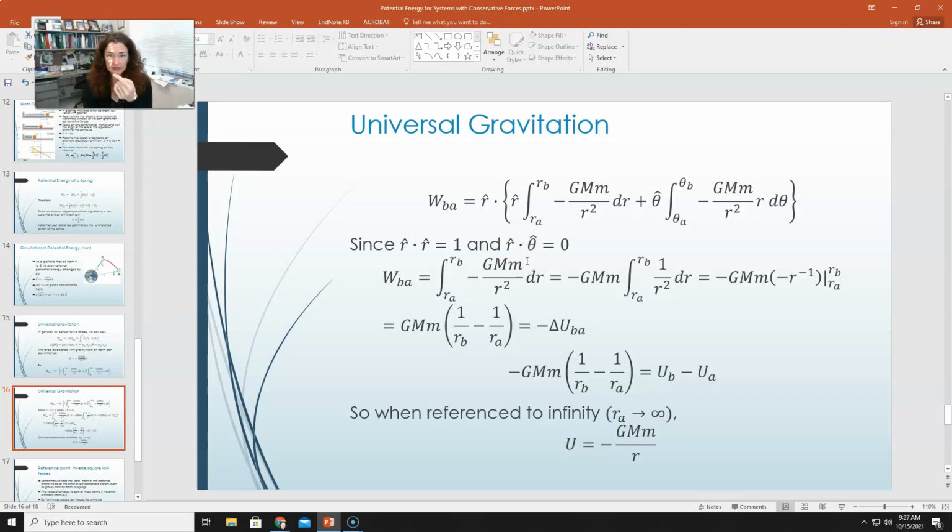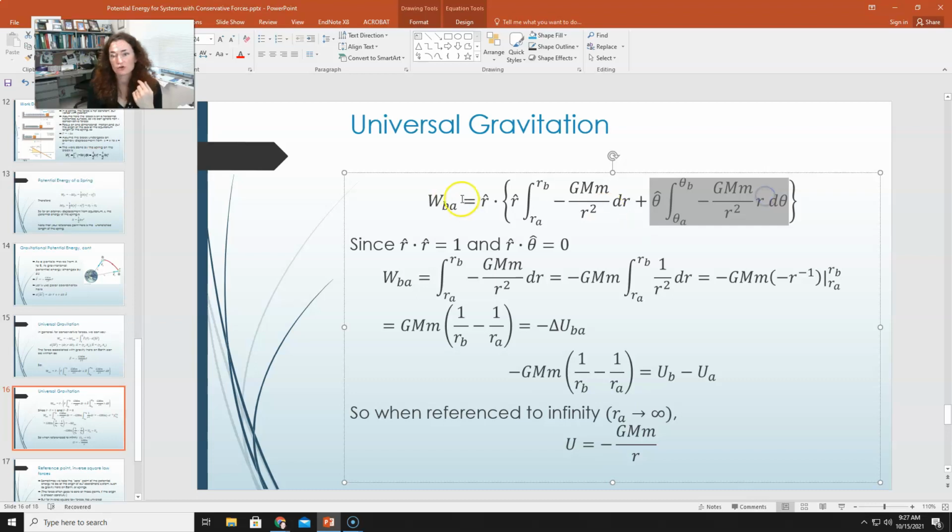R hat points radially and theta hat points tangent to any circle, right? So those will always be perpendicular. So that means that this second term in the integral, r hat dot theta hat, goes to 0. So this second integral with respect to theta doesn't count, okay? Because that r hat dot theta hat component makes it go away. So we're just left with the r hat dot r hat integral.